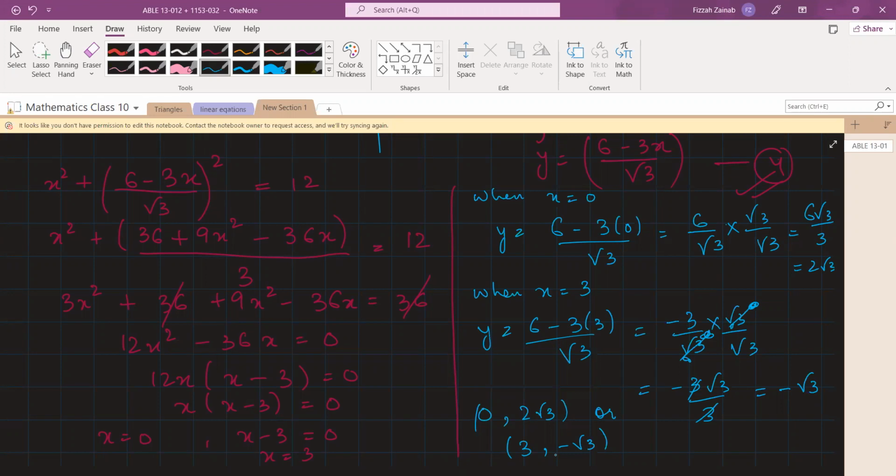Ma'am, how will x be 0? 0 and 2 root 3 will fall on the y-axis, right? No, ma'am. In the left side calculation, how will x be 0?